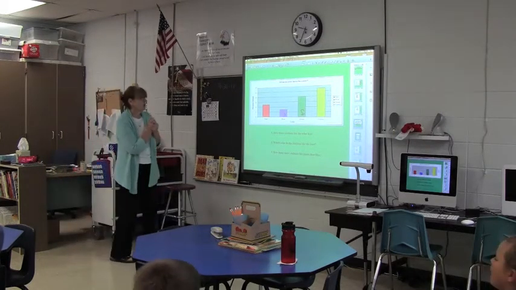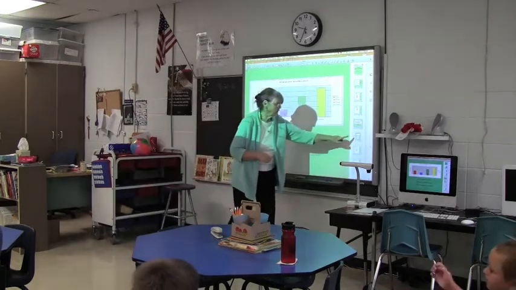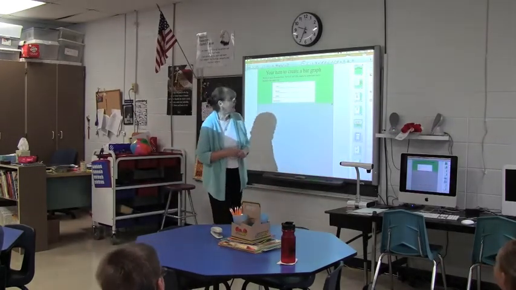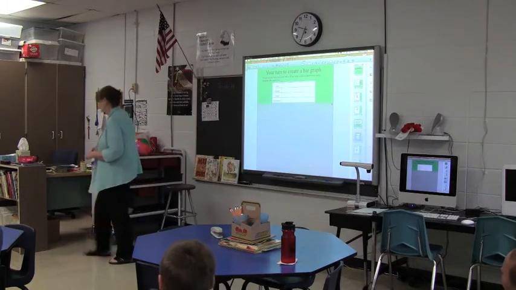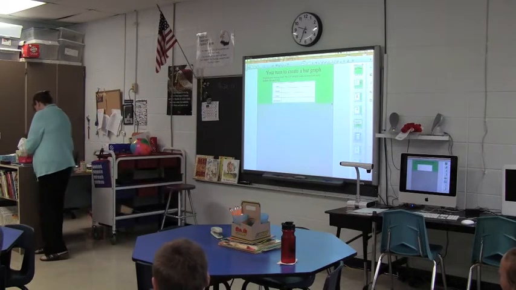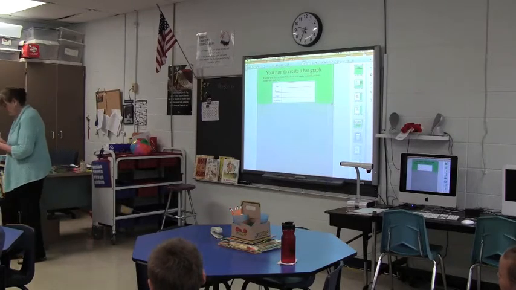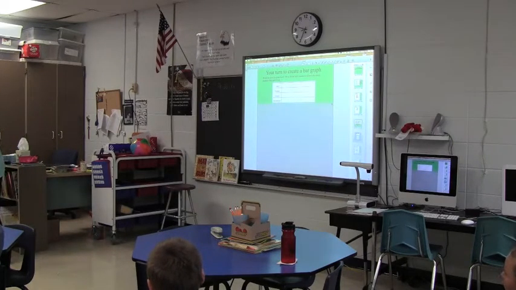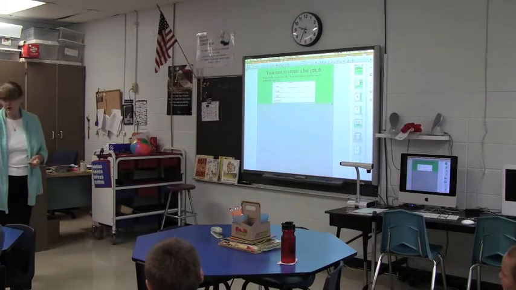All right, so now we're going to try to make our own graph, but I think we're going to do sticky notes. Well, we're going to do favorite fruit, apple, banana, orange, or strawberry.